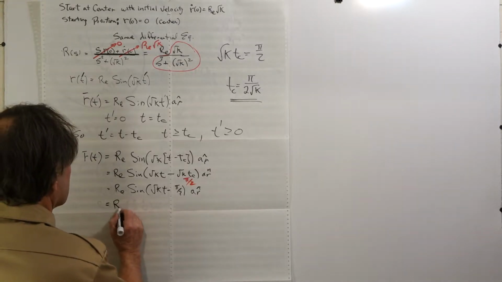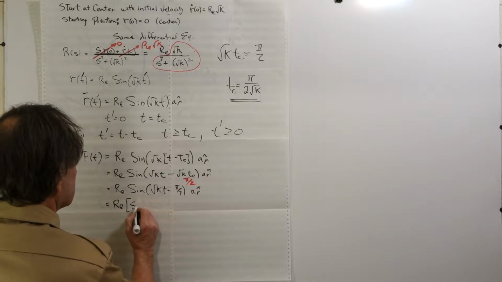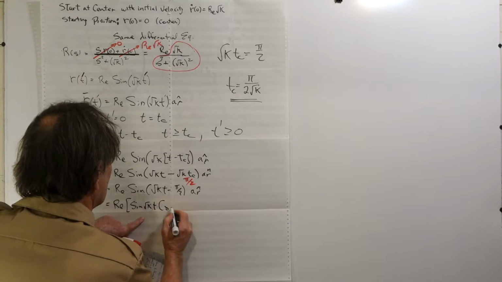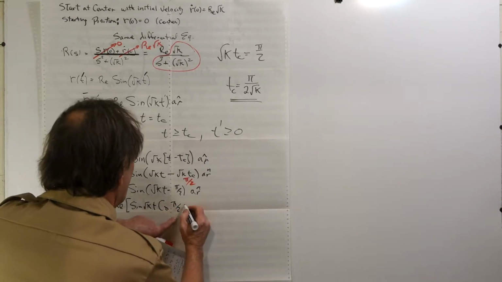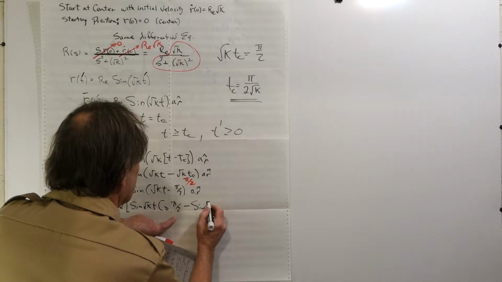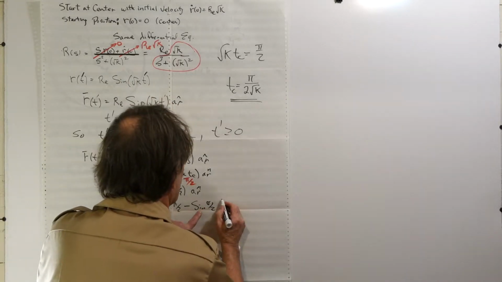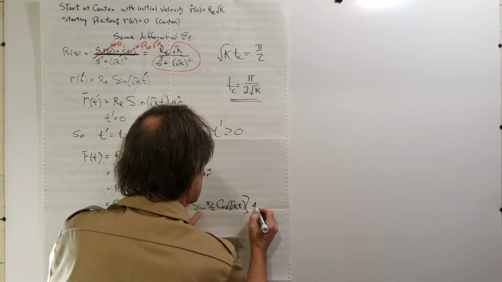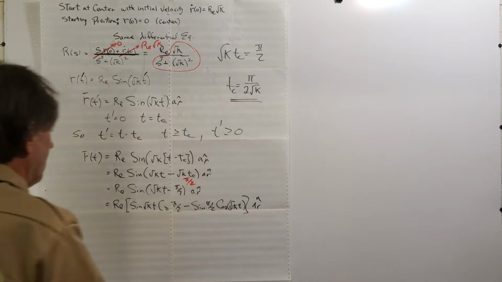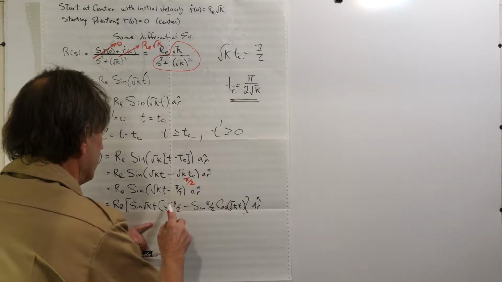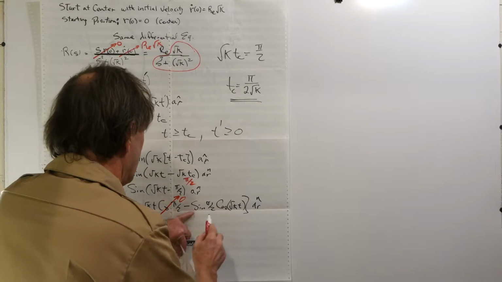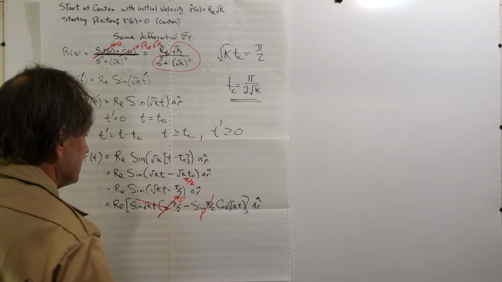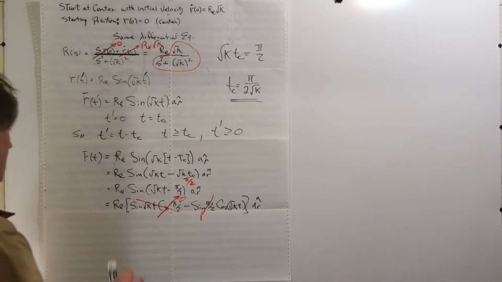We can write this as the radius of the Earth times the sine of square root of k t times the cosine of pi over 2, minus the sine of pi over 2 times the cosine of square root of k t, in the a_R direction. Well, the cosine of pi over 2 is 0, and the sine of pi over 2 is 1. So this part vanishes, and we're left with minus cosine.